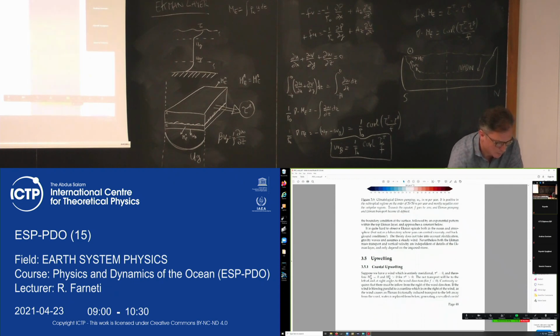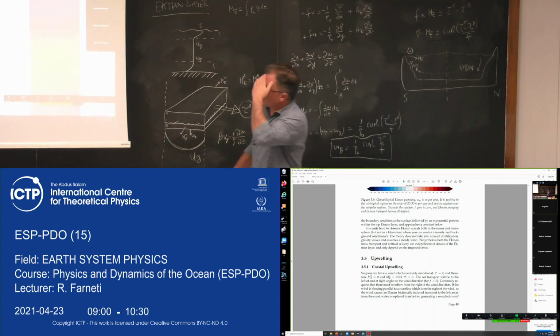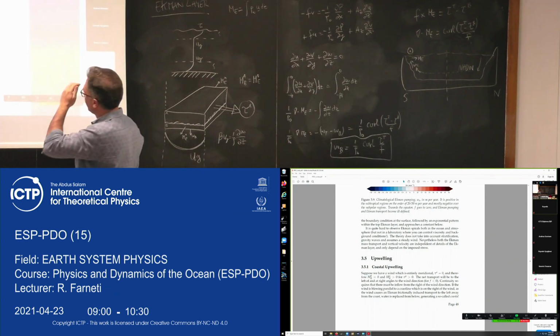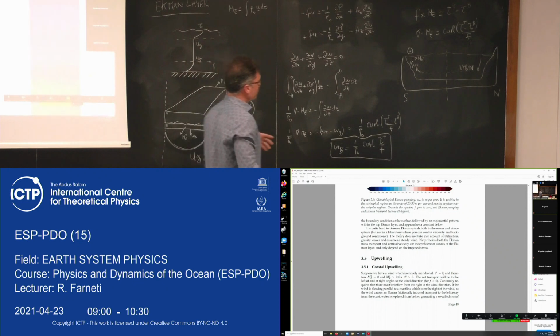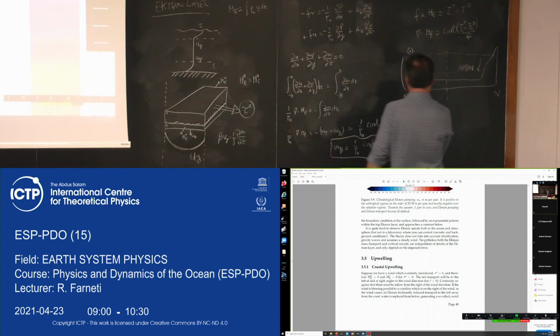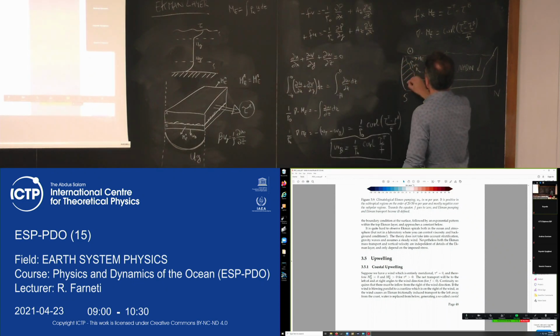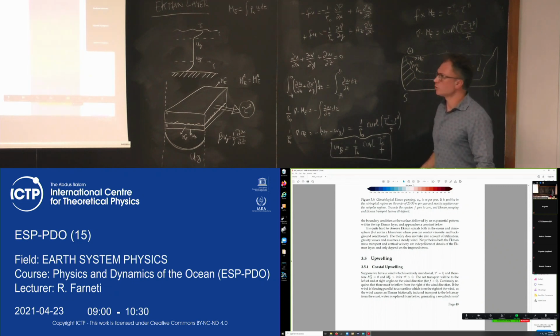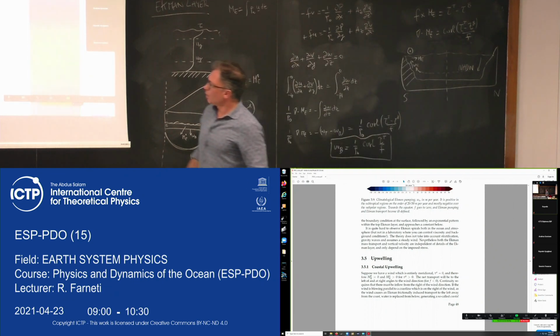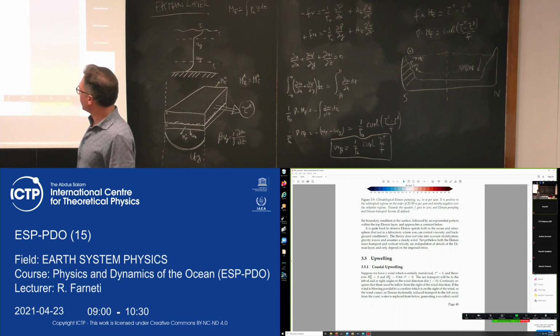There's another reason why Ekman pumping is so important. You've probably seen this already, but there are a few cases of upwelling. This is coastal upwelling, because there is a coast here that causes the divergence of water. But there are more coastal upwelling regions.